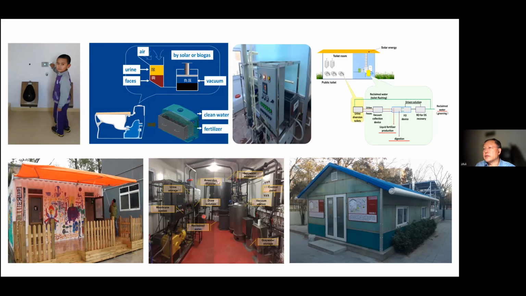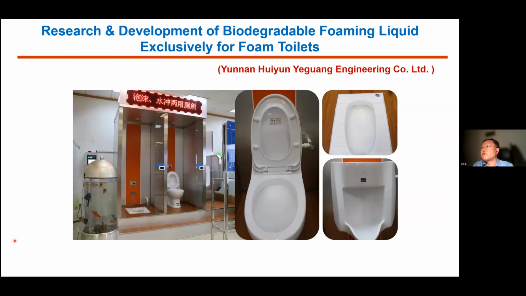And here you can see the vacuum system, after the vacuum toilet, the excreta is sucked into the treatment unit for treatment. The urine is also separated, collected, and treated. Gray water is also treated as irrigation water. You can see here a pilot project in a school demonstrating these technologies.